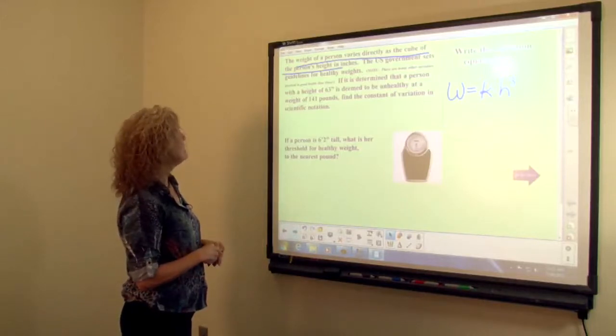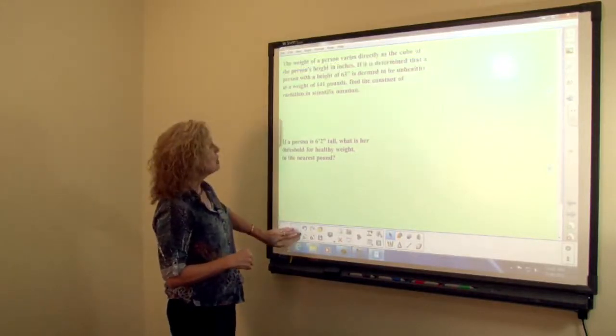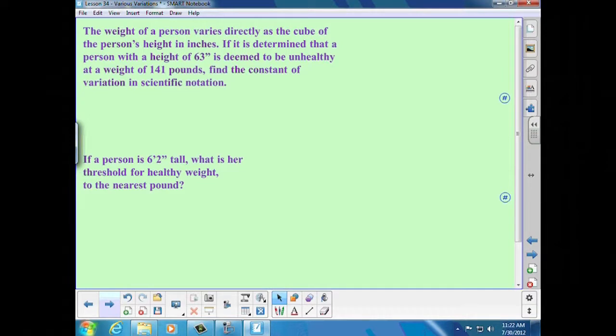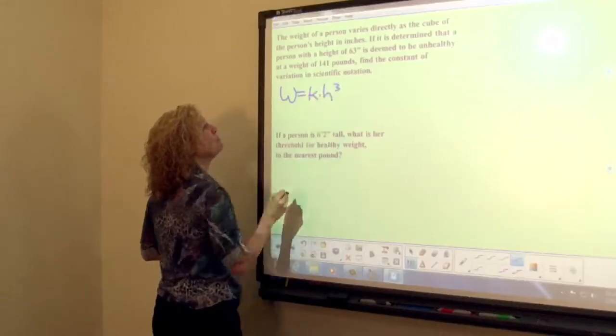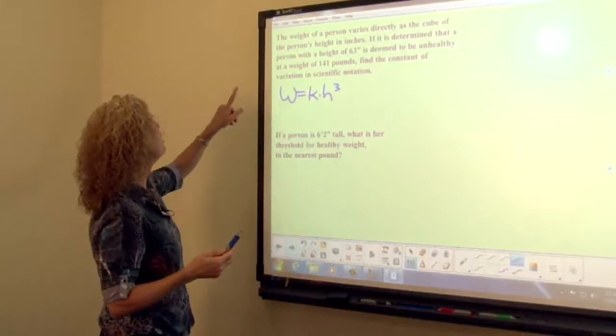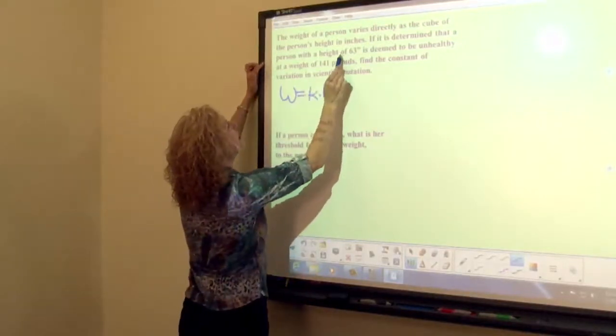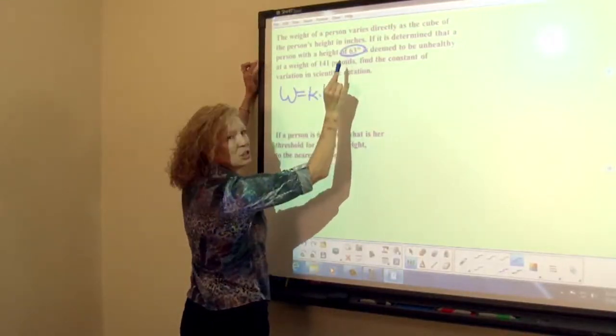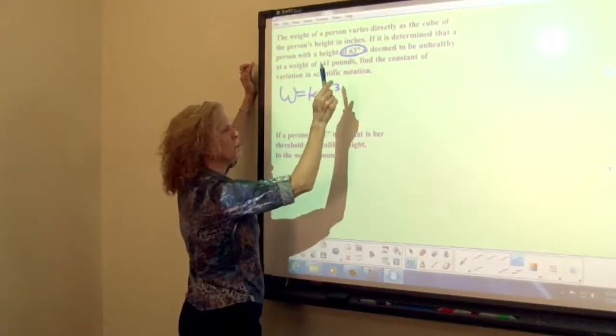Now, I did say, and I think I have it on the next screen. Yeah, let's go ahead and compute our constant. We have weight is equal to k times height cubed. And now we know that if we have a person with a height of 63 inches, by the way, that's setting my units then.